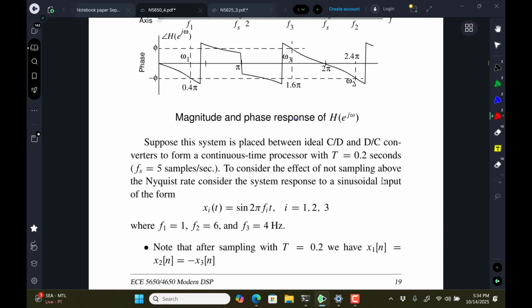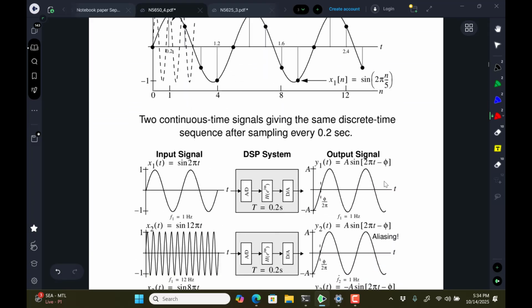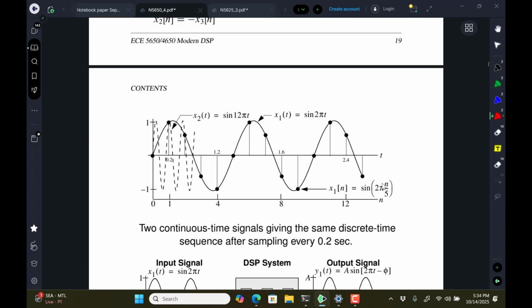If you look at, in the time domain, what the input sampling looks like with the aliasing, this picture just shows you where the sample values are coming from relative to the underlying input waveform, x1, x2, and x3.